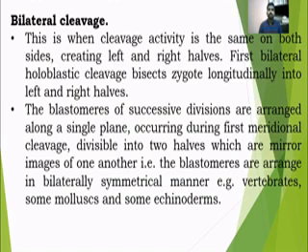The blastomeres of the successive divisions are arranged along a single plane occurring during first meridional cleavage, division into two halves, which are mirror images of one another. That is nothing but the blastomeres are arranged in a bilaterally symmetrical manner. We can observe this in vertebrates and some molluscs and some echinoderms.